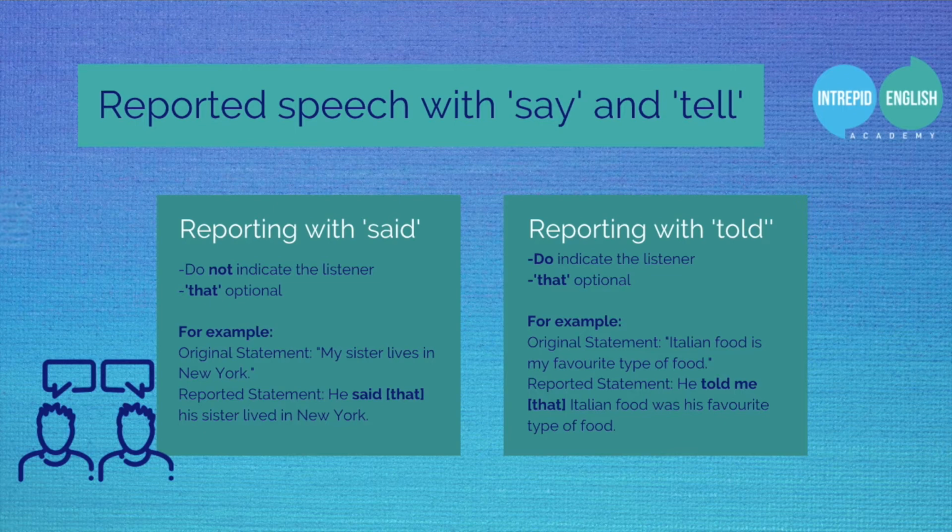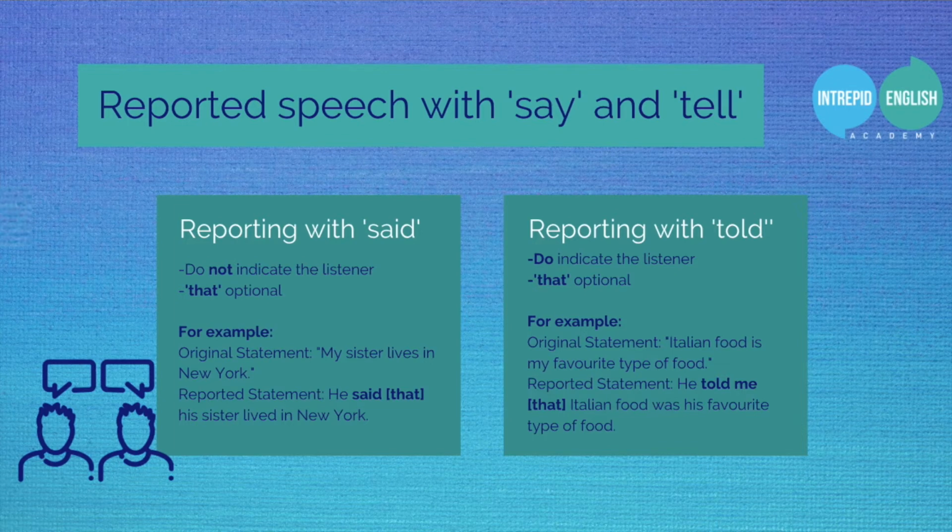Okay, now there are two main verbs that we use with reported speech, and they are say and tell. And there is a difference between these two. It can be quite confusing for English learners. We often have this question, what's the difference between say and tell? Well, when we use the verb say, or said in the past, we do not need a listener.